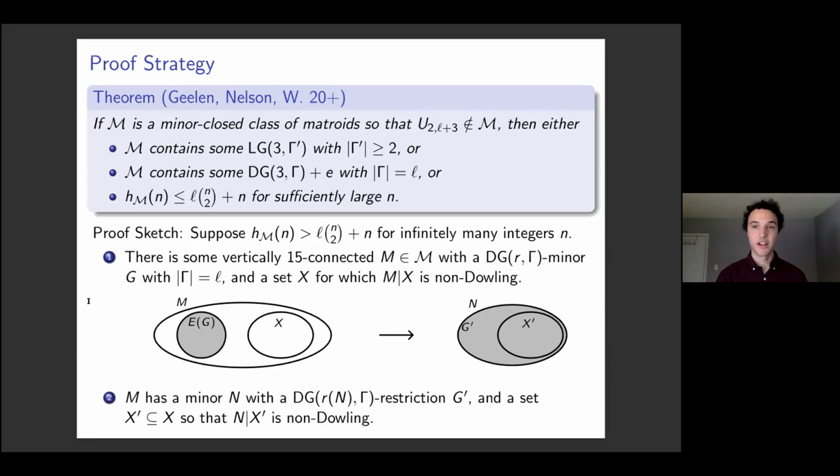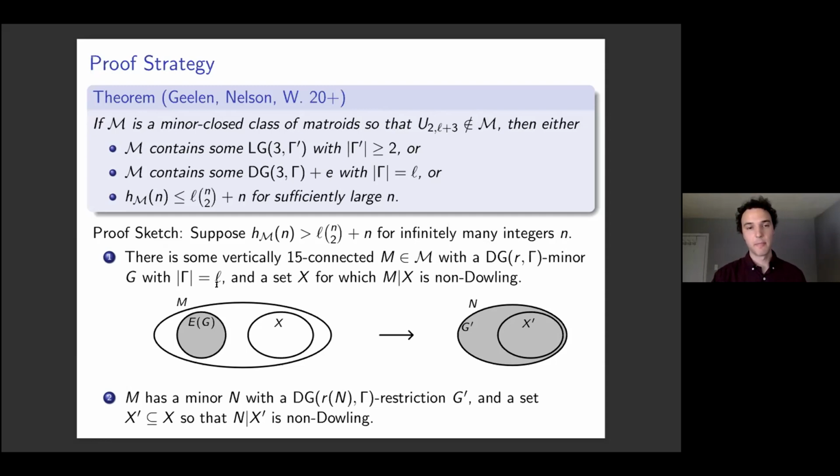We can find some minor N with a spanning Dowling geometry restriction G prime over gamma, and we can recover some subset X prime of X so that N restricted to X prime is non-Dowling. Okay. So then this picture just gives us the second outcome. And I'll point out that this only works because of this connectivity condition from step 1.